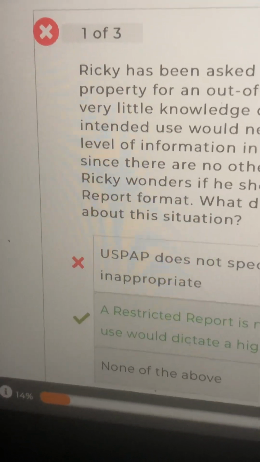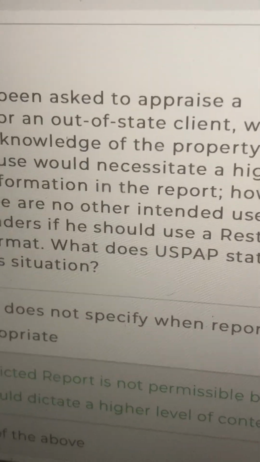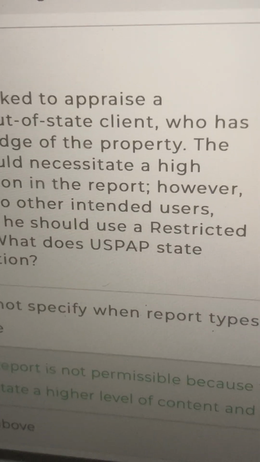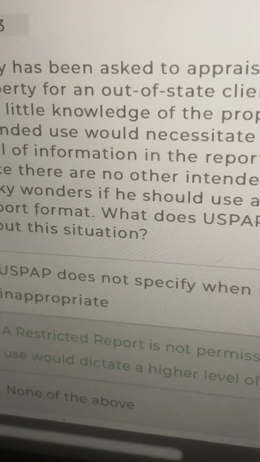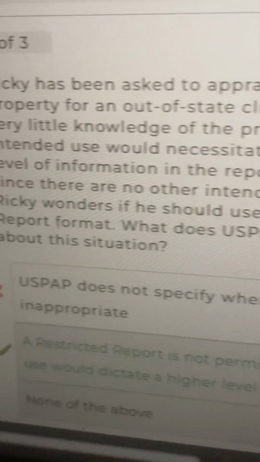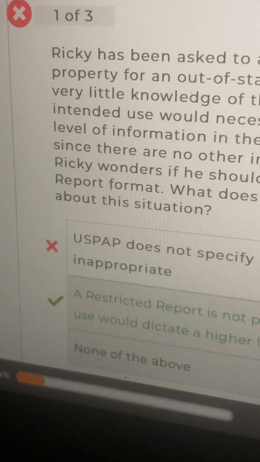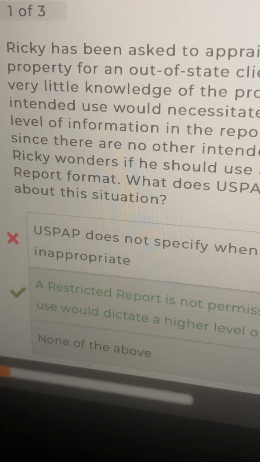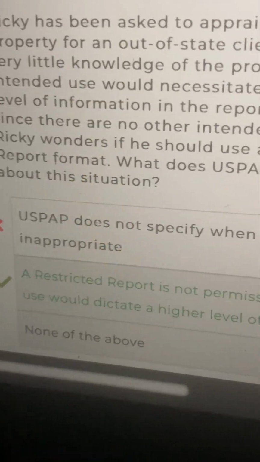So remember, number 1, Ricky has been asked to appraise a property for an out-of-state client who has very little knowledge of the property. The intended use would necessitate a high level of information in the report. However, since there are no other intended users, Ricky wonders if he should use a restricted report format.